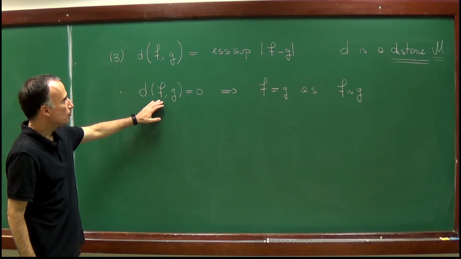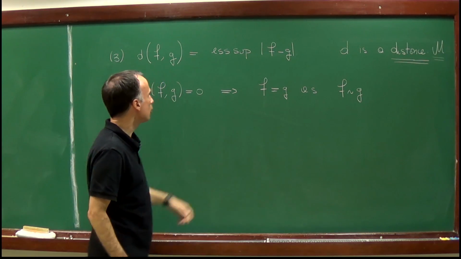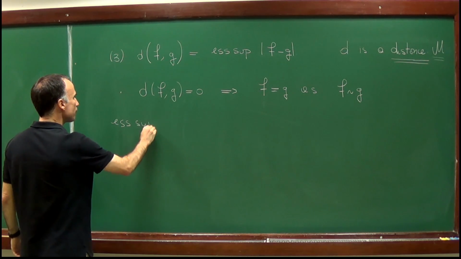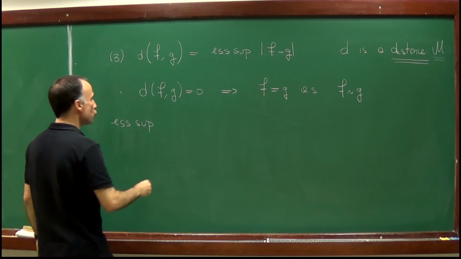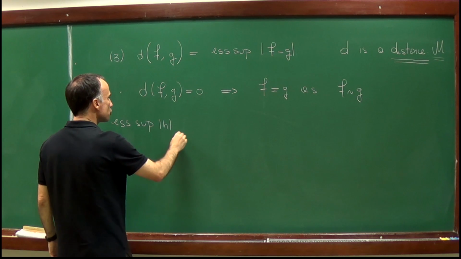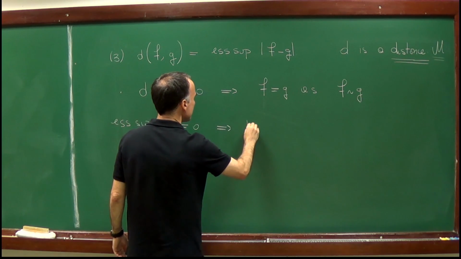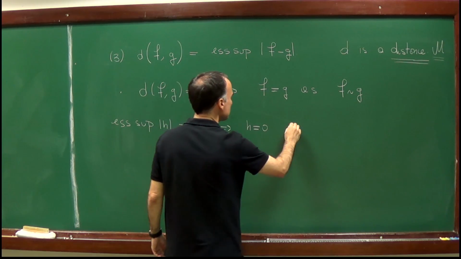So in order to prove that f is equal to g almost surely, what we have to show is that if I have a function h whose essential supremum is equal to 0, then h is equal to 0 almost surely.